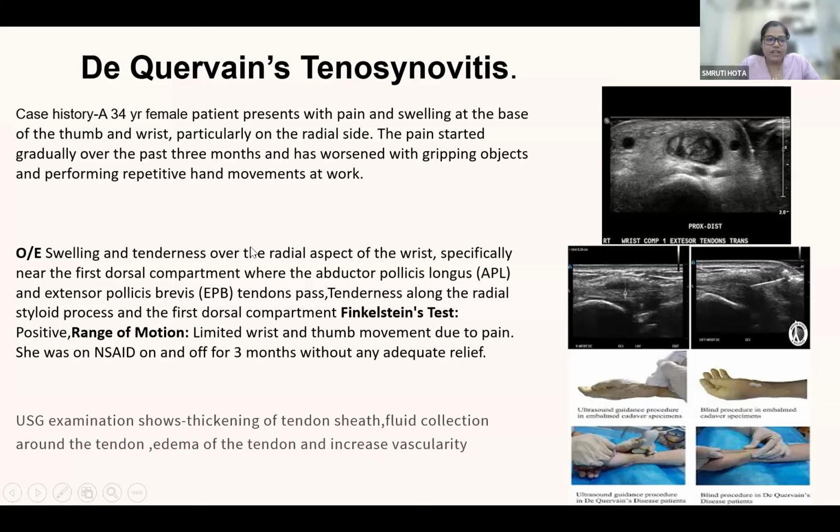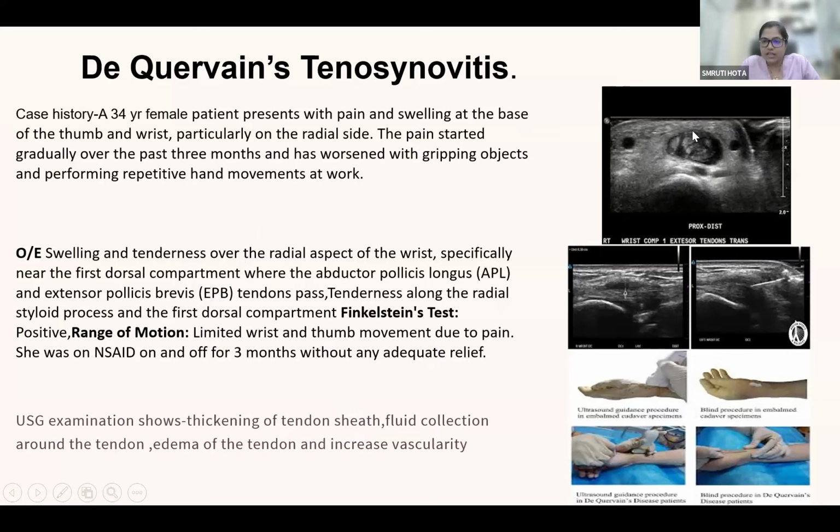Particularly on the radial side, and I think this is a very common condition, and all of you must have seen a case in your practice. Most of you have also done ultrasound examination, and you must have seen this kind of picture, where there is thickening of the tendon sheath.